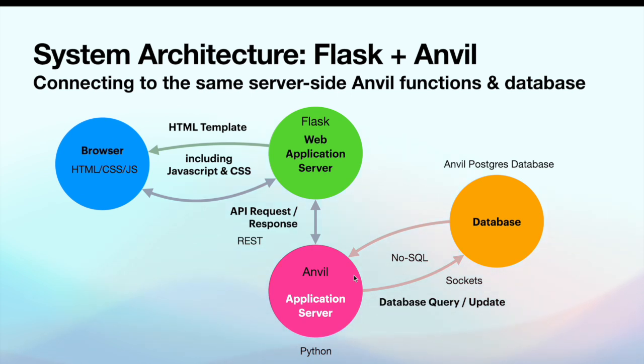Specifically, an Anvil Postgres database for database query and update operations. And it uses sockets, Sasha? Often, yes, for real-time communication, since in our case these are both within Anvil's hosted platform. And using Anvil's NoSQL query language for direct data access. Wow, so it's flexible with data access methods.